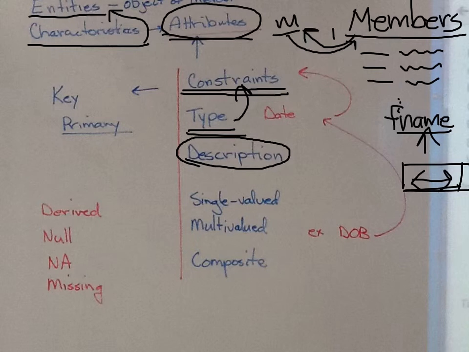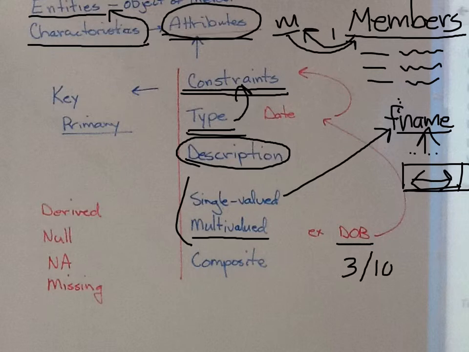And then we talked about these down here, a single value attributes. Probably a good example, maybe first name. You really can't divide first name into things, except you could divide it into each character, but that really wouldn't have much relevance. A multi-valued, a good example would be a date of birth. So if you have somebody's date of birth, okay, so let's say they were born 3/10/62, okay?